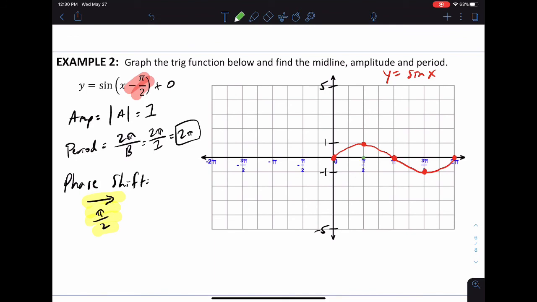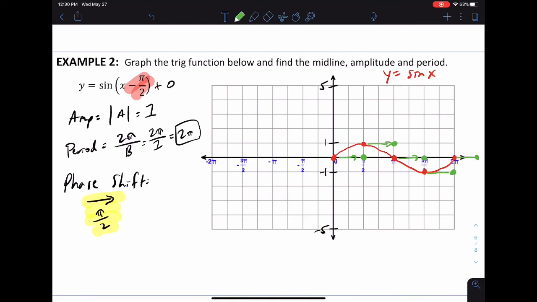It's going to shift pi over 2 units here. Pi over 2 comma 1 is going to shift pi over 2 units. Pi 0 is going to move here, and then this one's going to move here, and we're going to kind of be off the track a little bit here, right there.